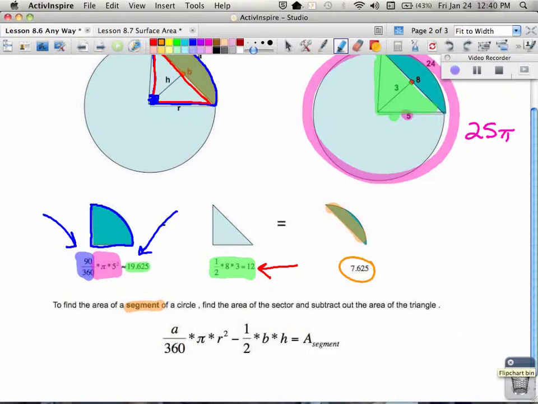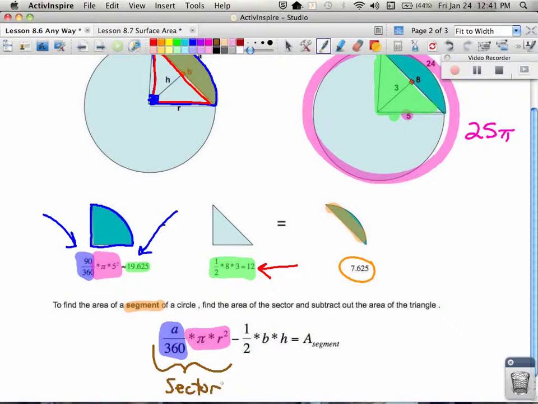So if I want to look at what's going on from before, this A out of 360, that's the fractional part of the circle you're talking about. The pi times the radius squared is the area of the whole circle. And together, these two things give me the area of the sector.